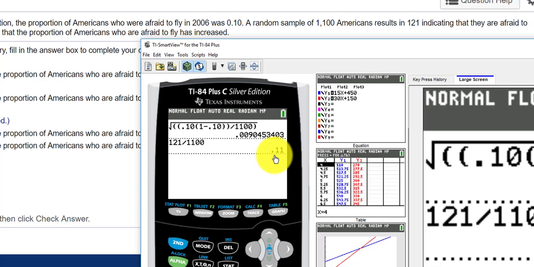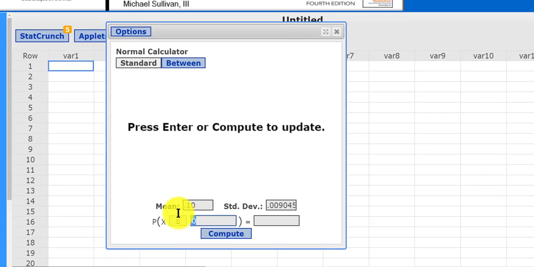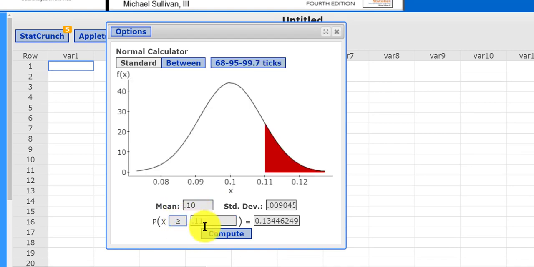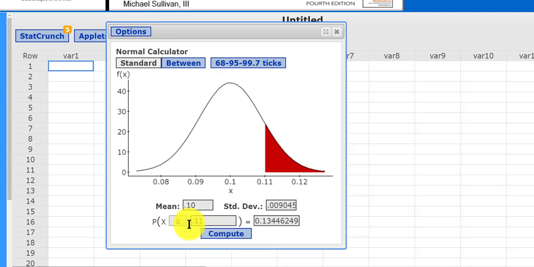So I get 0.11. So I'm going to enter that into StatCrunch. 0.11, and I think that is it. I just want to double check my calculator, make sure, right? 0.11, 0.11. All right, so everything's in here.